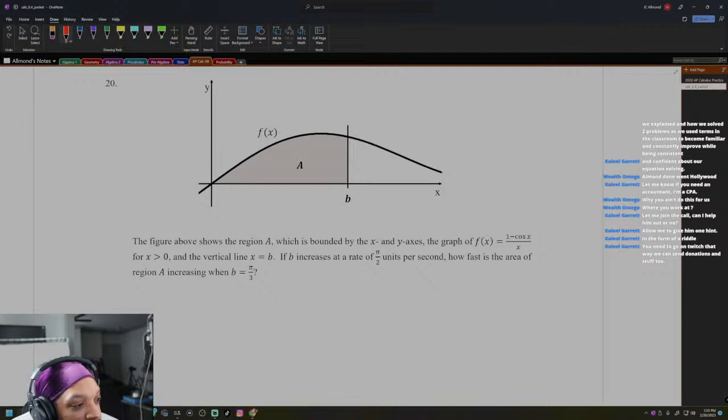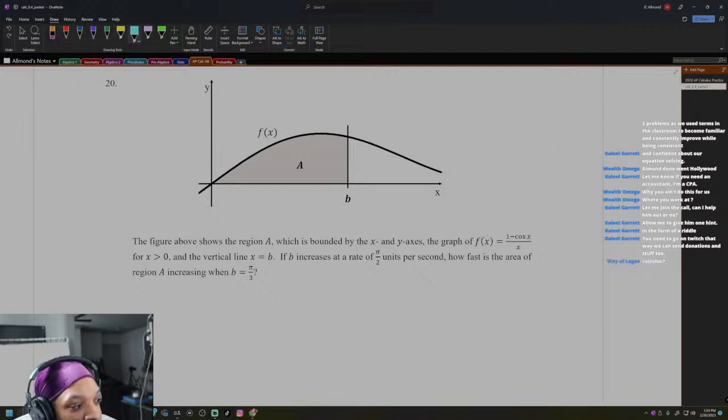So, all right, let's just look at the graph and make an integral based off of that. I'm going to highlight some important stuff. For x is greater than 0, and the vertical line x equals b. So this area, which changes as a function of b.